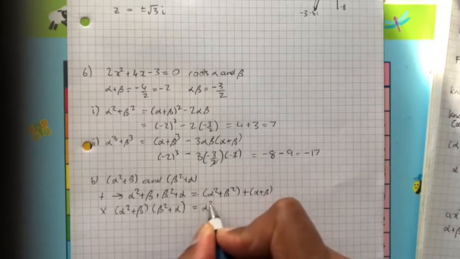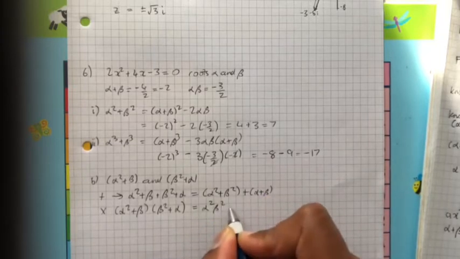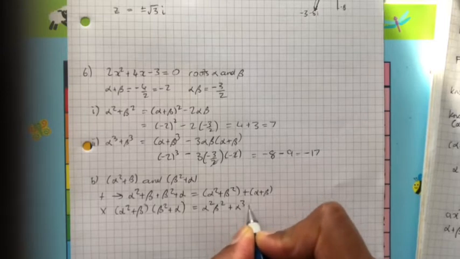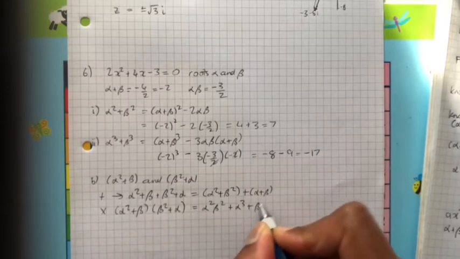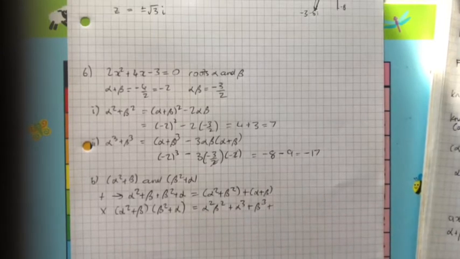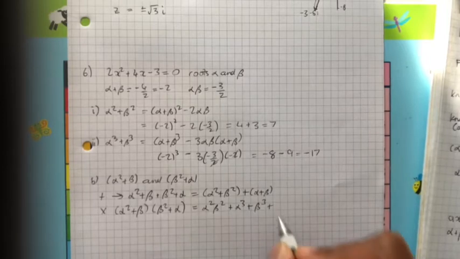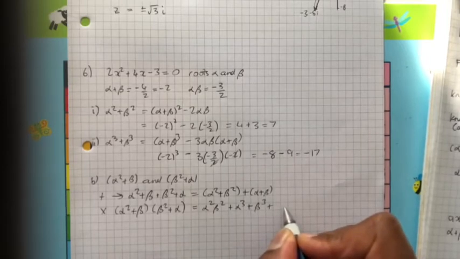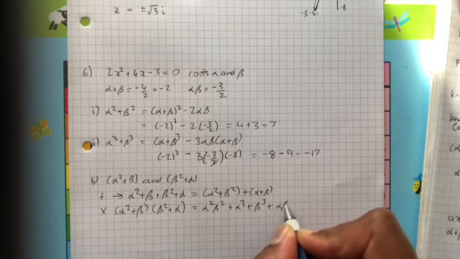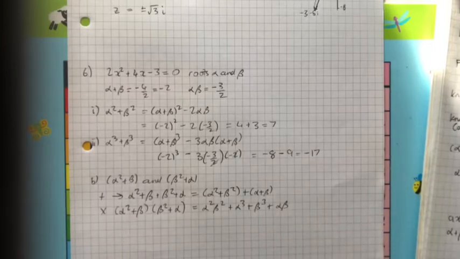That gives us alpha squared beta squared plus alpha cubed plus beta cubed plus alpha beta. Right, so we can look at these things and see what we get from there.